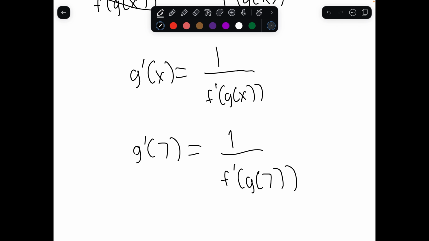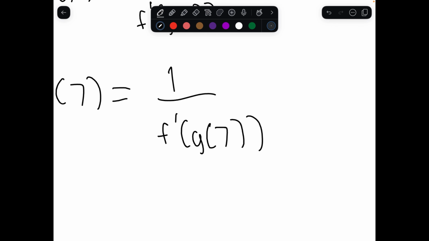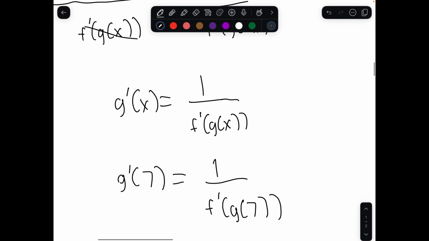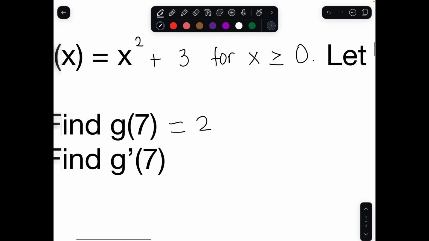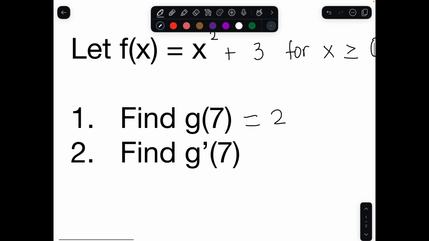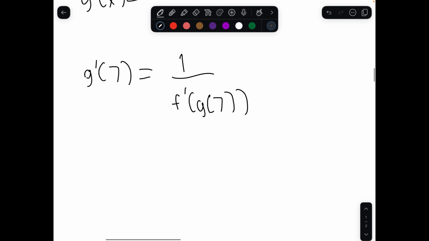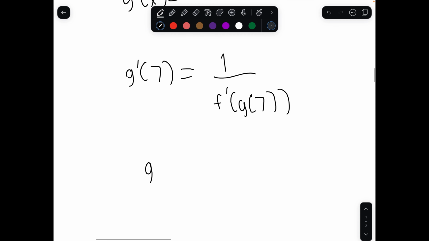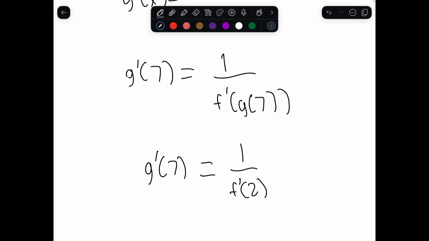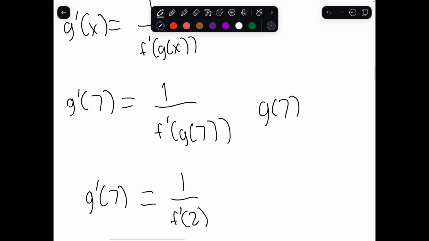Now this means that we need to figure out what g of 7 is. And we already have that, we figured that out in the first problem. g of 7 is just 2. Which means g prime of 7 is going to equal 1 over f prime of 2, because you can just replace g of 7 with 2.